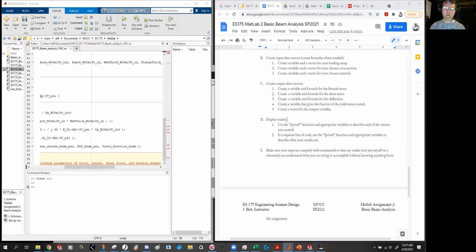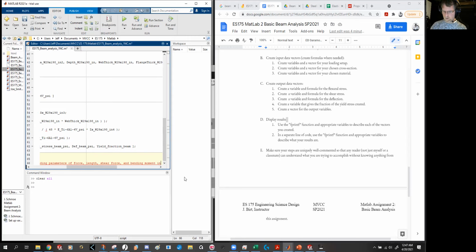And since I have it all the way over here, now I'm just going to do in units of kips, feet, kips, and kip feet.